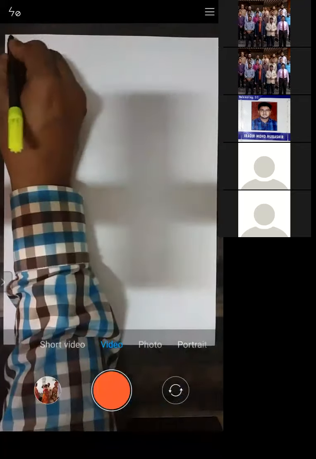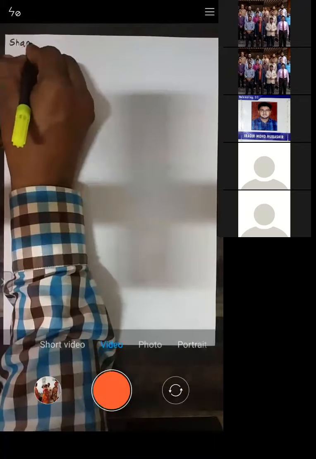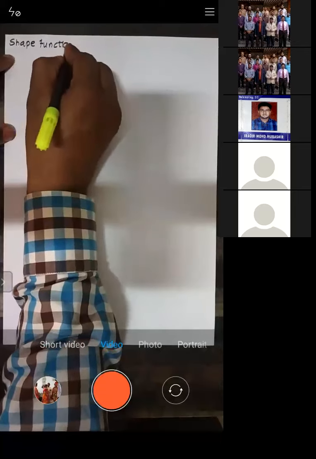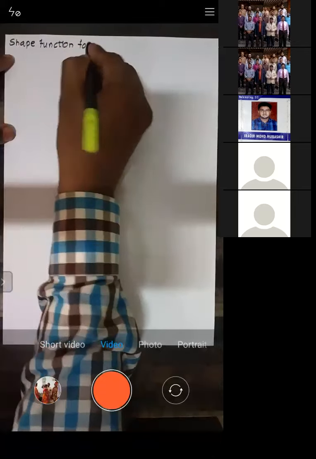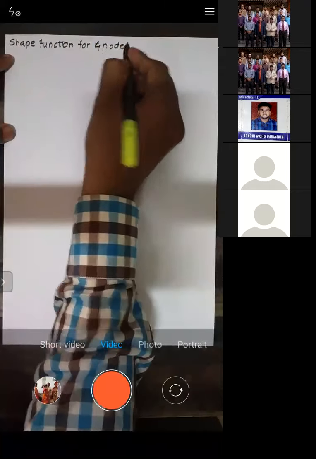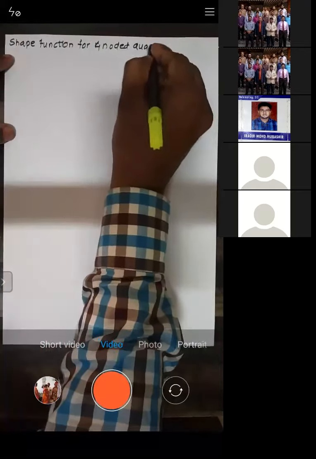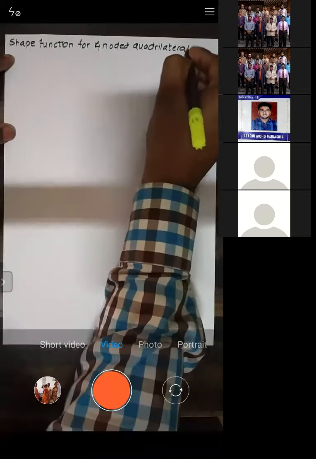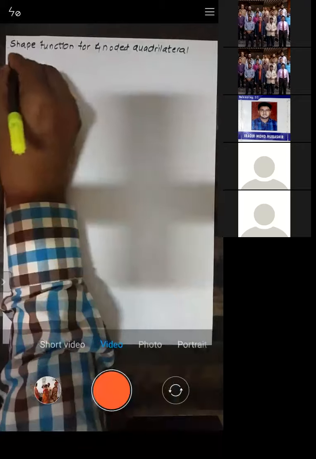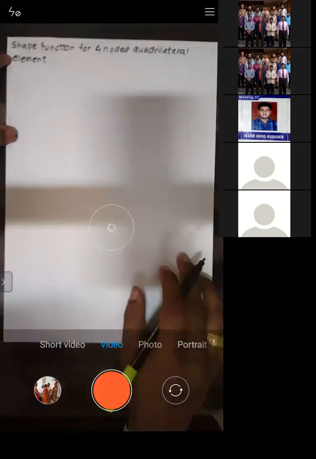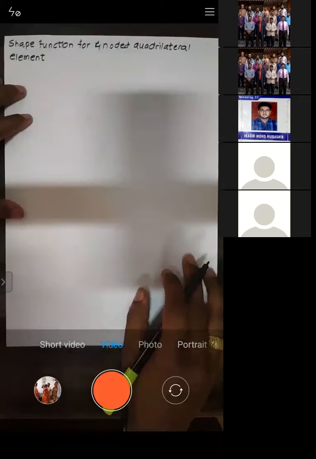Okay, so we'll start the shape function for four noded quadrilateral element.